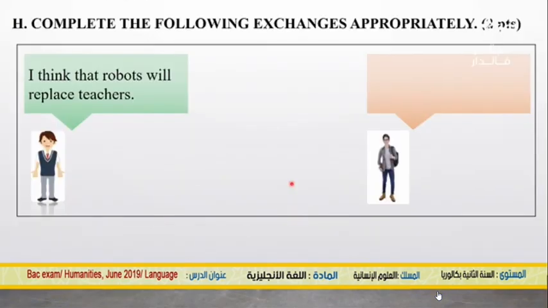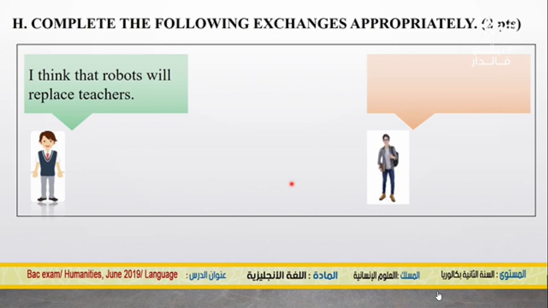So in exercise H, you need to provide or complete the exchange given here. In this exercise, you can probably say anything. Any answer is accepted. You just should respect the context. So now let's have a look at the exercise and see what we can do. Exercise H. Complete the following exchanges appropriately.